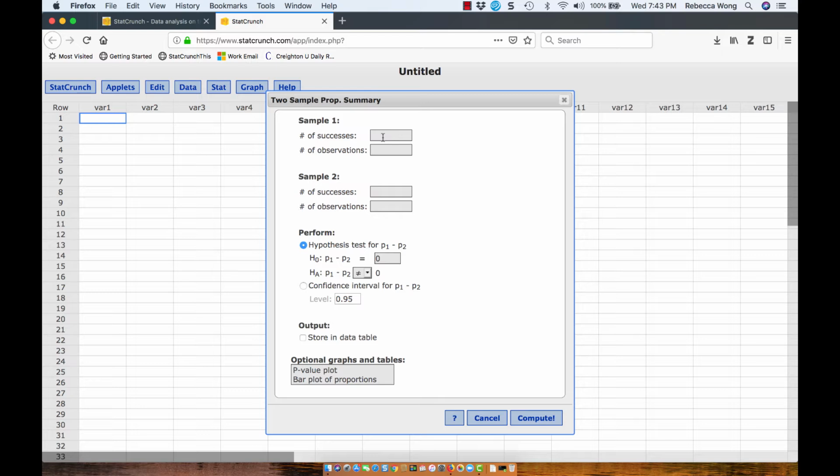For sample 1, we'll enter the data from the Gallup poll, which was 648 people out of 1,011 surveyed. And in sample 2, we'll enter our NBC Wall Street Journal poll, which was 720 people out of 1,200.